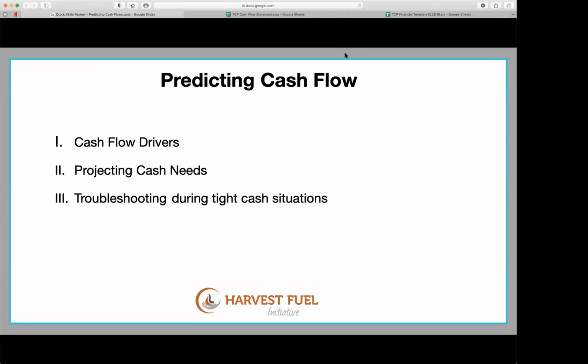Why do we need to predict cash flow? You all know this because you can be in severe cash straits very quickly without really understanding why, even if your business is profitable and your sales are booming.